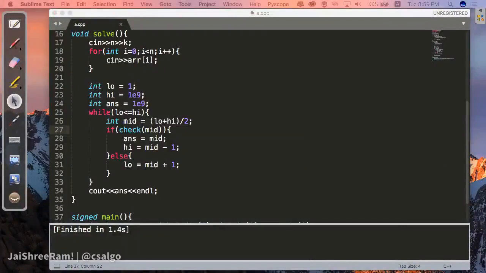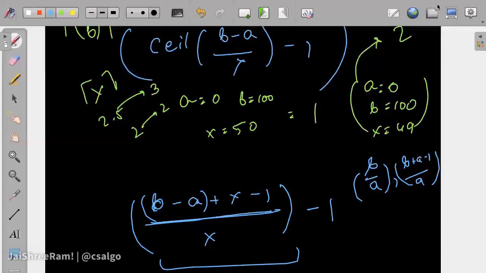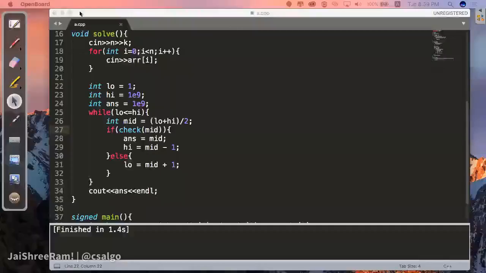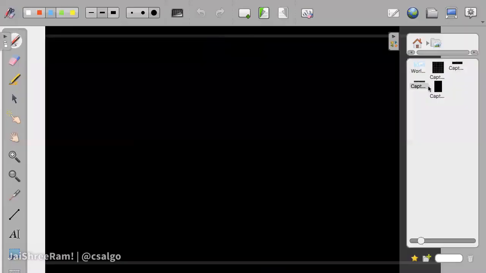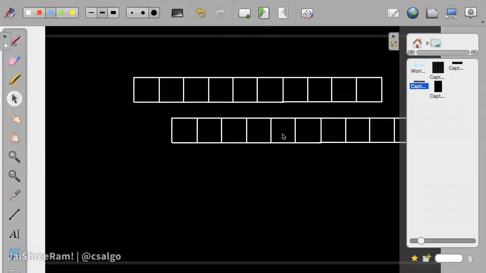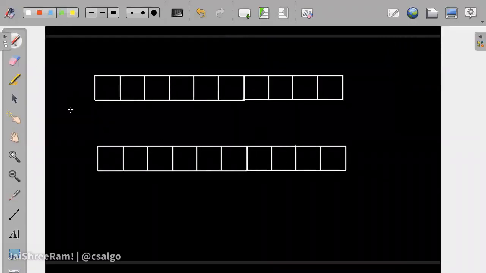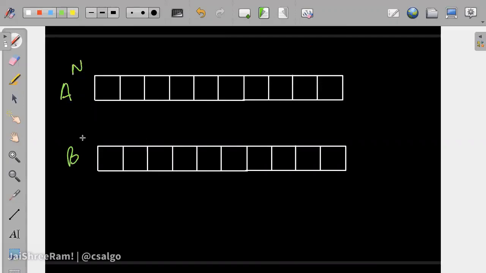Okay, so let's suppose you're given 2 different arrays. Let's call them A and B. Now this has size n, this has size m.